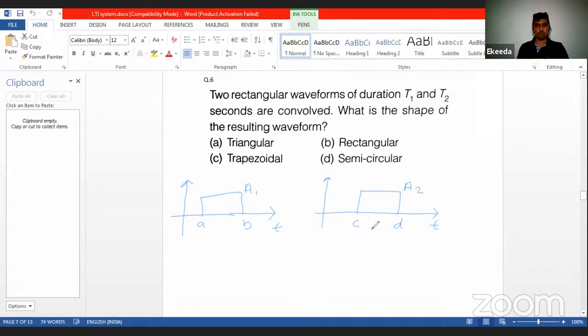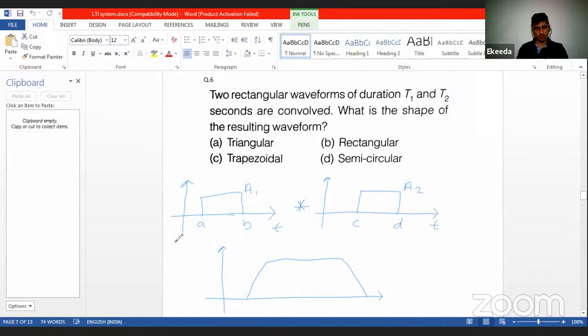So the convolution of these two will be this pulse. It will start from A plus C. It will go like this, and this will come like this.